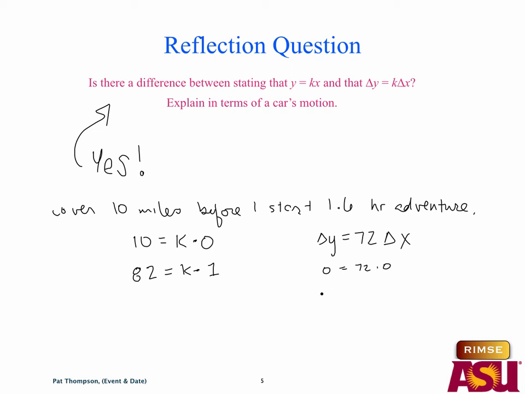And then an hour into it, what is the change in distance? 72 miles, right? And that was 1 hour into it. And we could do that again for a different amount of time in the first 1.6 hours. No matter what time we choose, the distance covered will be 72 times that amount during that period of time, okay? So this relationship is maintained with the changes, and it's not maintained with the actual values, okay?